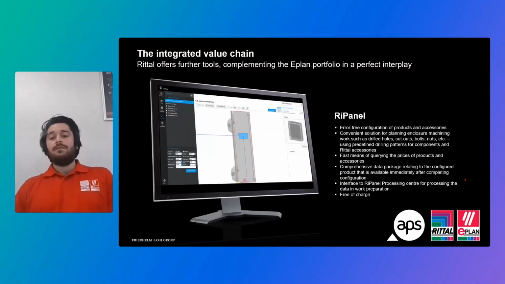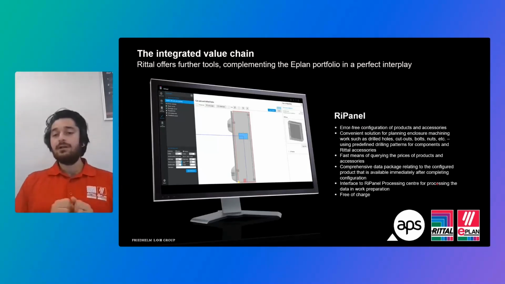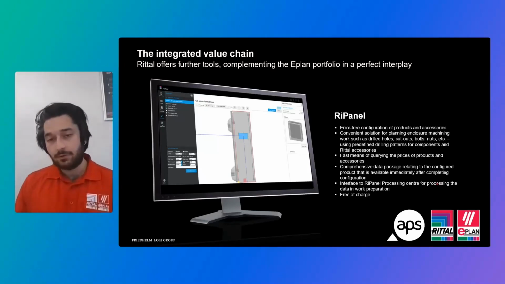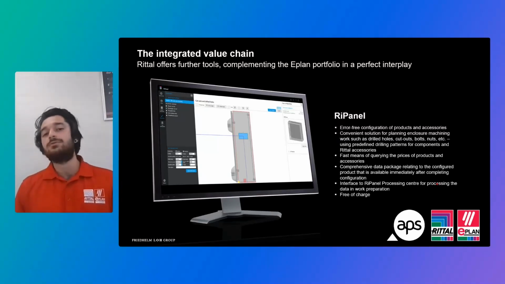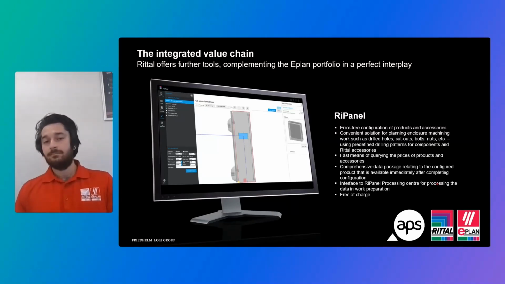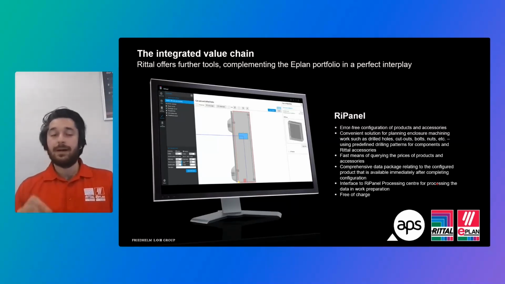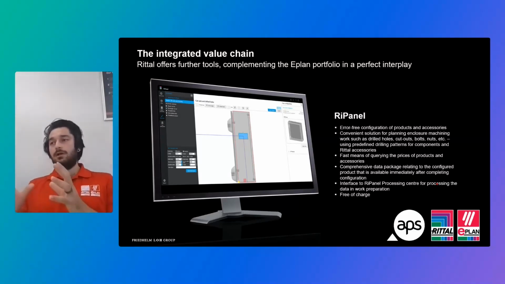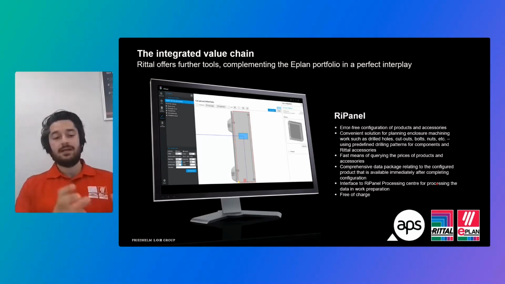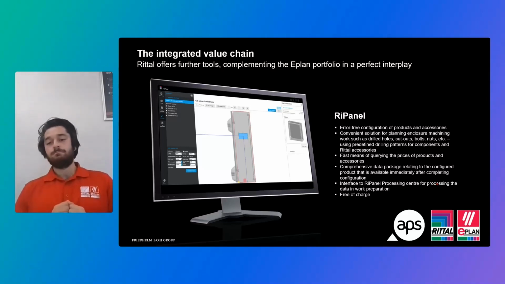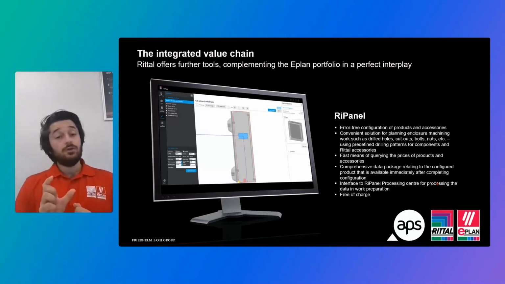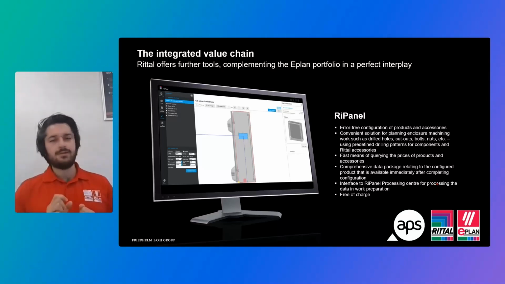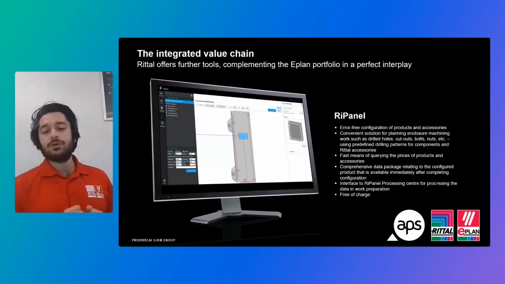Moving forward. Rittal doesn't only offer automation solutions in machine form, they also have quite useful software tools, one of which is Rittal RiPanel. Let's say you've selected a particular enclosure. You can of course buy it off the shelf, but what if you want to configure or customize it?